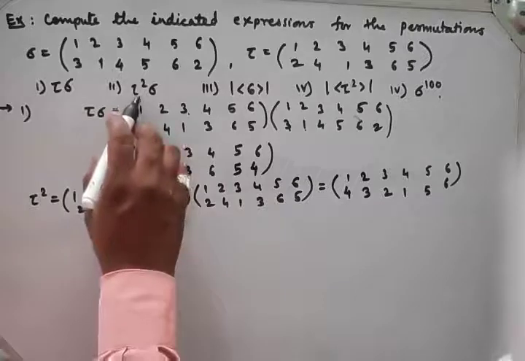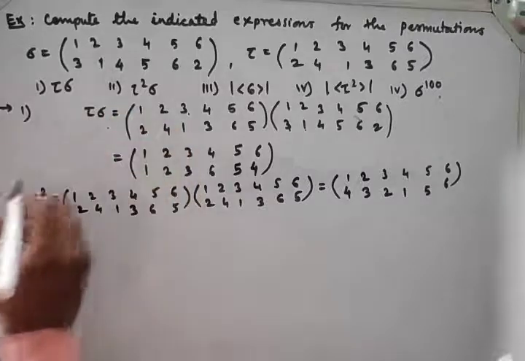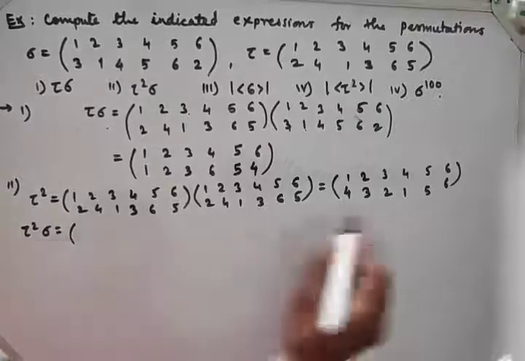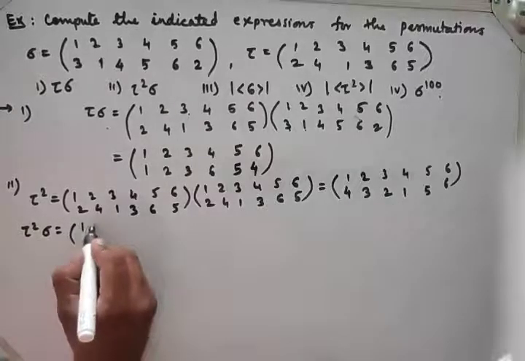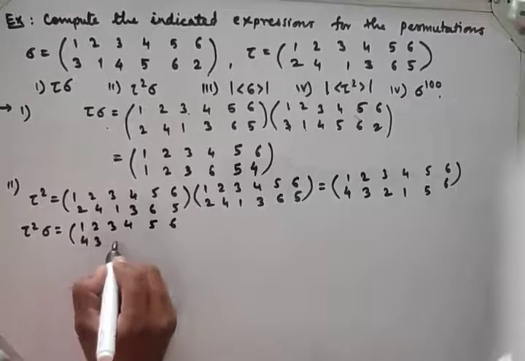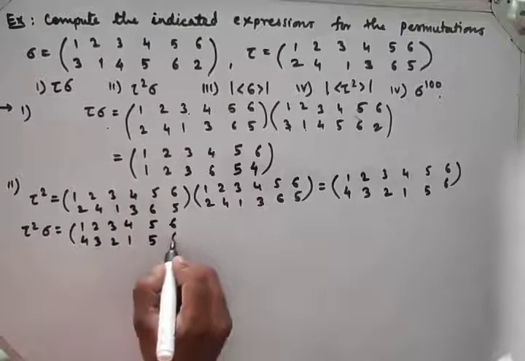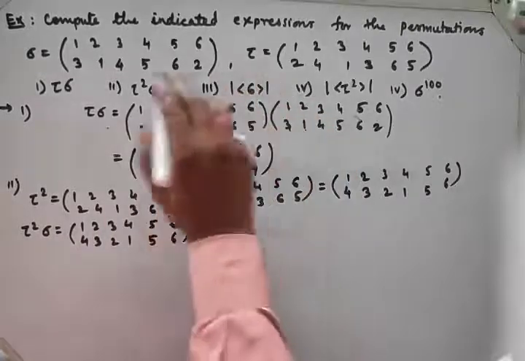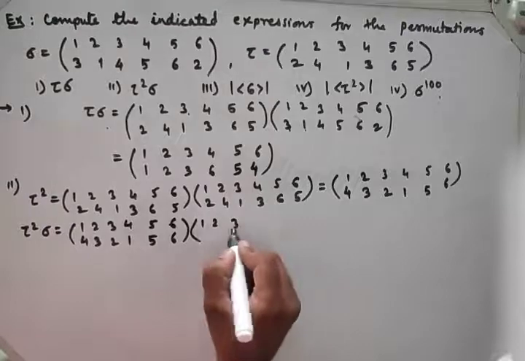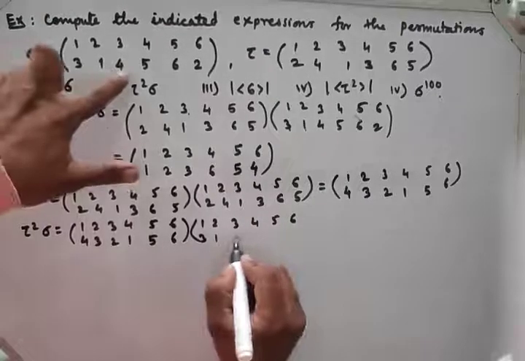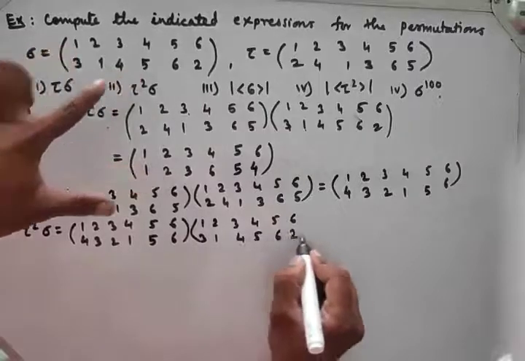Next, to find tau square sigma: tau square has the permutation 1 2 3 4 5 6 going to 4 3 2 1 5 6, multiplied by sigma, which is 1 2 3 4 5 6 going to 3 1 4 5 6 2.